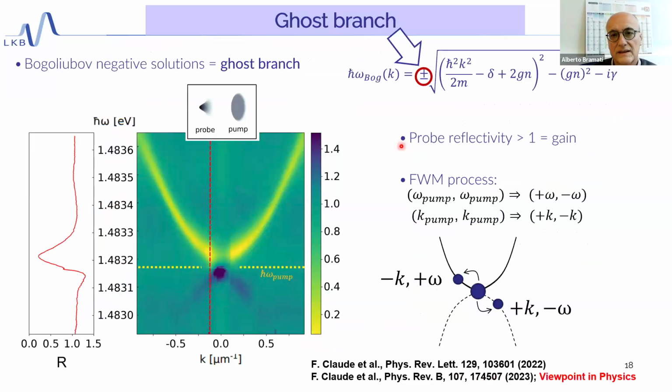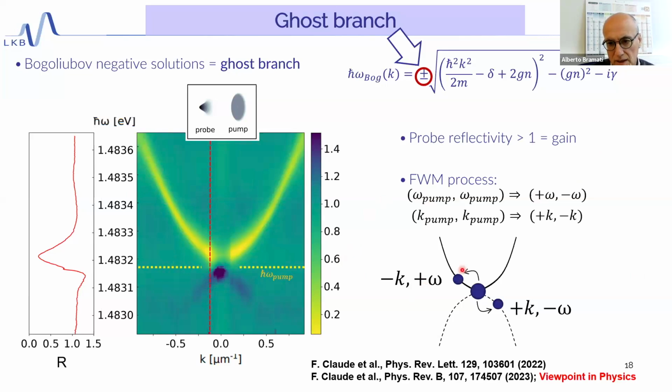I have also said that in our system we have the negative solution, the so-called ghost branch. This is very difficult to observe in general, also in the polariton system, because the signal is very low in the ghost branch, but we can exploit our pump-probe spectroscopy technique. We can exploit a four-wave mixing process.